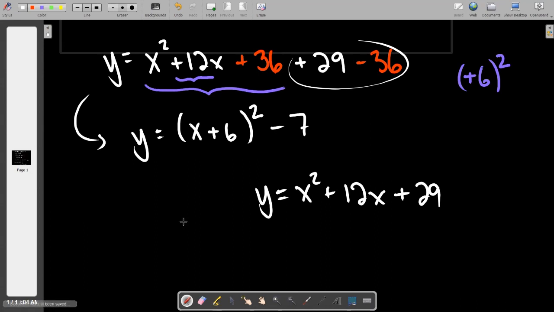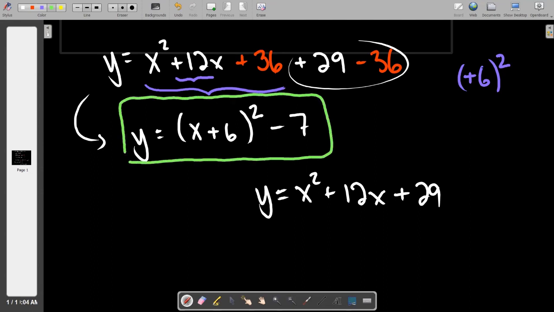But listen, if you do the other way, if you do negative b over 2a, it's still going to work, right? Could you tell me from looking at this function in the green box where the vertex of this parabola is? This is what yesterday's work was for, right? So we didn't have to mook around with silly stuff like that. The vertex is clearly at -6, -7.